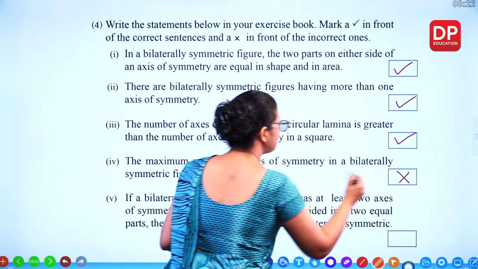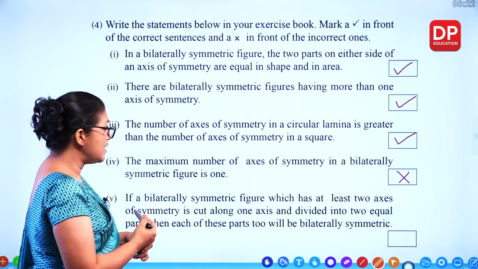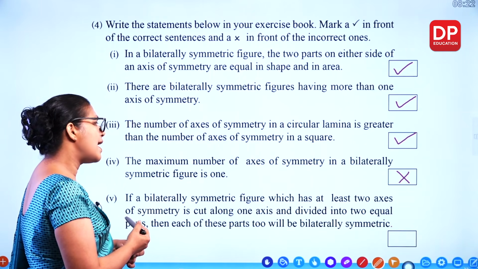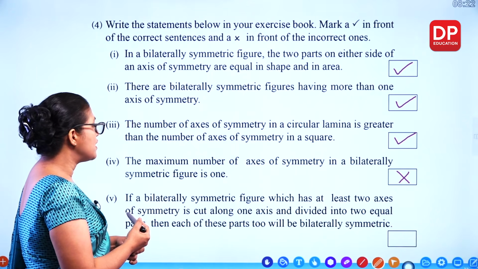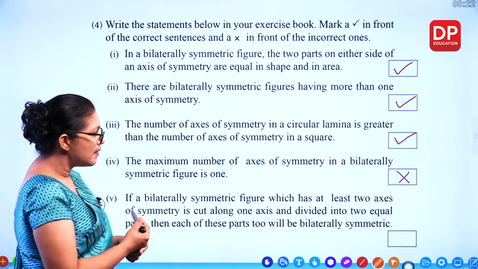If a bilaterally symmetric figure which has at least 2 axes of symmetry is cut along one axis and divided into 2 equal parts, then each of these parts too will be bilaterally symmetric. That's true.